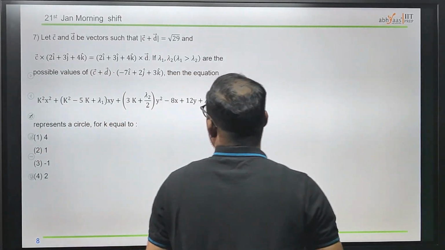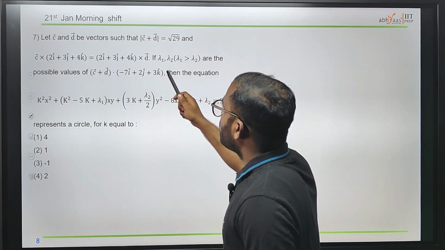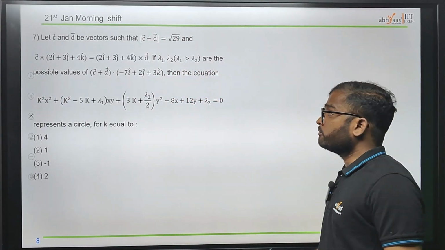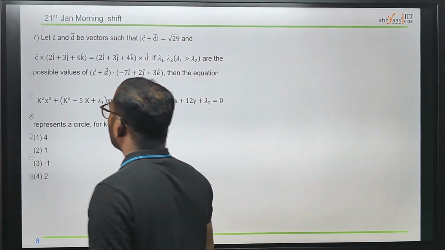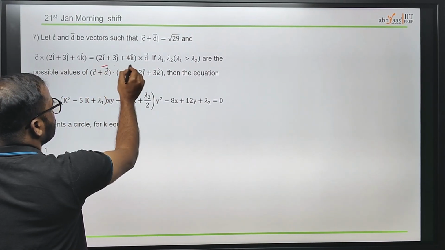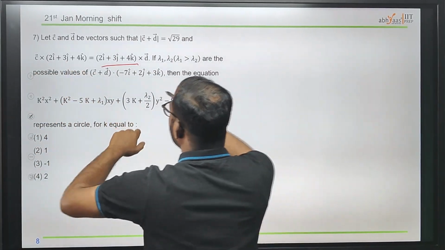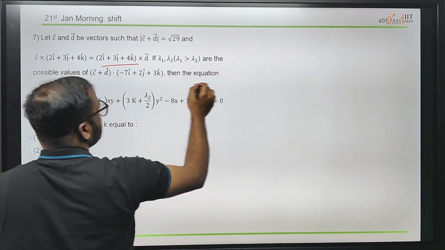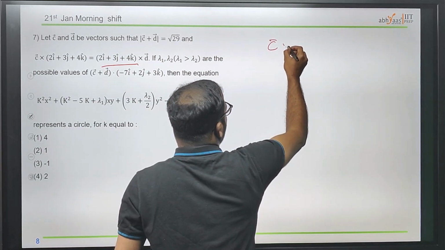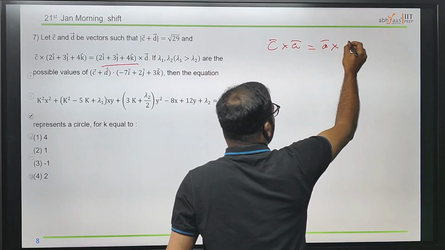Another question we have is on vectors. It is given that the mod of C plus D bar is equal to √29, and also the cross product of C bar with this vector is equal to the cross product of D bar with this vector. Just assume this as C bar cross A bar equal to A bar cross D bar.